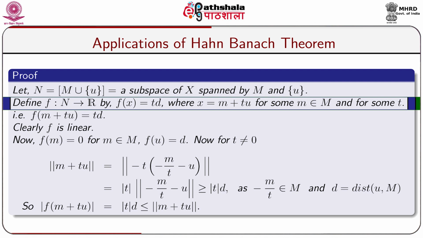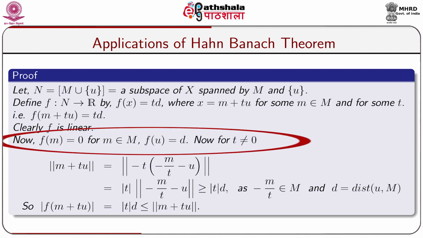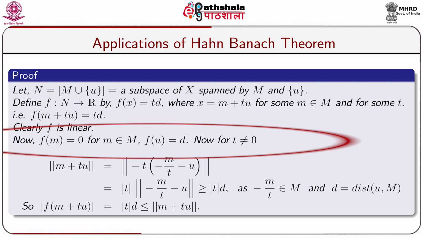That means, f is a functional, a real valued function over N, where x is equal to m plus tu, because we have assumed f(x) is equal to td and x can be taken as x equal to m plus tu for some m belongs to capital M and for some real t. So, f of m plus tu is equal to td by the construction of functional f, small f. Clearly, f is linear.